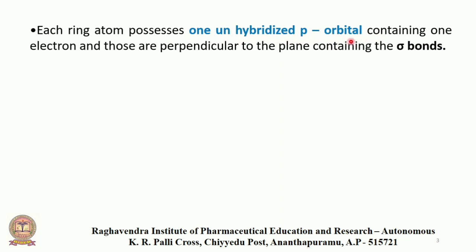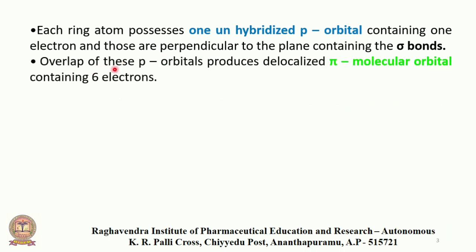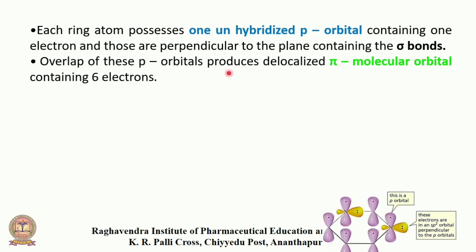This unhybridized p orbital contains one electron and is perpendicular to the sp2 hybridized orbitals. Overlap of these p orbitals produces a delocalized pi molecular orbital containing 6 electrons in the pyrimidine ring.